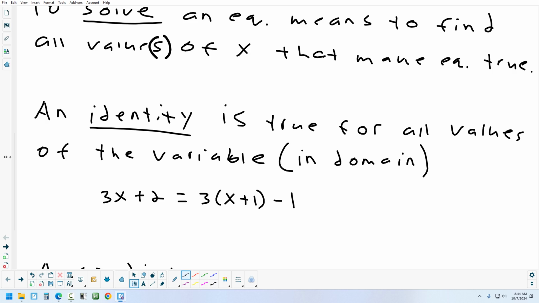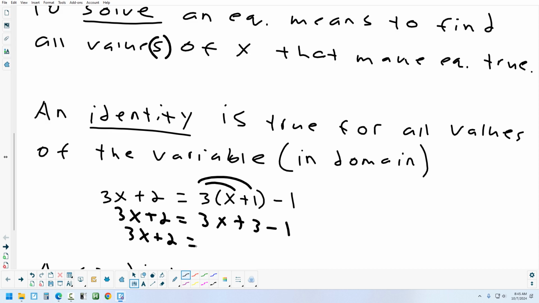On the right-hand side, what would be the first thing that you'd have to do with the 3 that's in front of the parentheses? Yeah? Distribute it. Yep. You distribute it out, and you get 3x plus 3 minus 1. Okay. And then, when we combine like terms, 3 minus 1 is going to give me how much? 2.